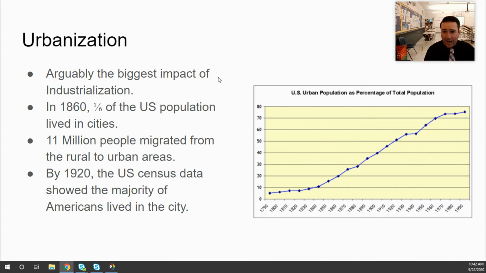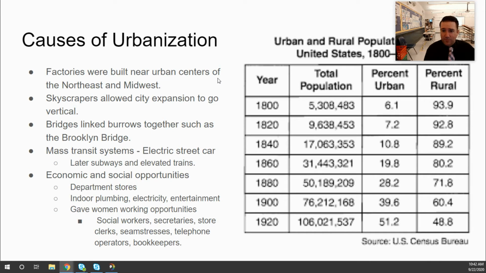And why does that happen? Well, the first major reason, the one I think is worth noting the most, is the factories. As our country industrializes, more factories are being built near certain areas that lead to a concentration of people, and the size of the cities continues to grow.